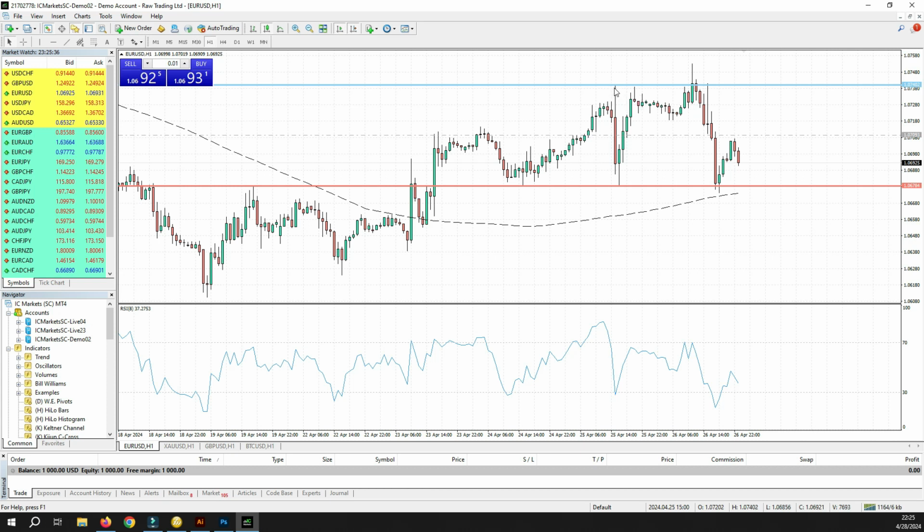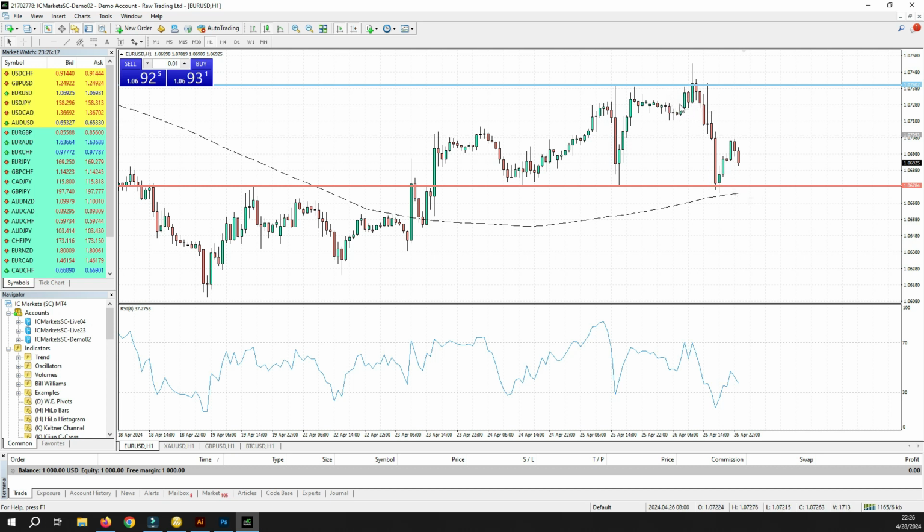This was Wednesday's previous day high, and this was Wednesday's low. So on Friday we need to keep an eye on these levels, high and low.